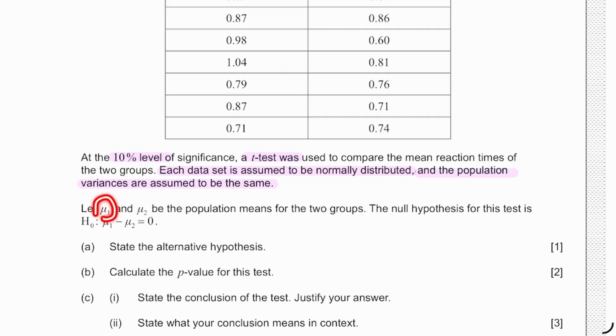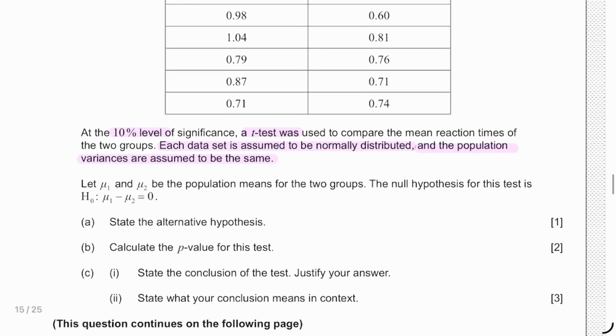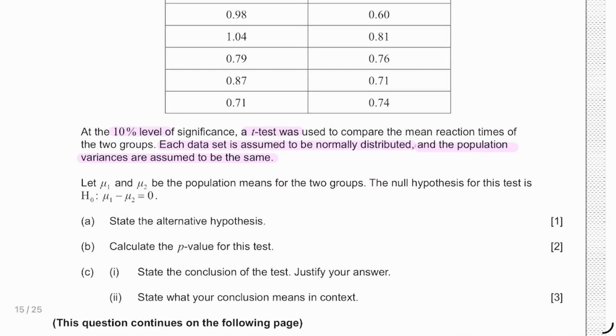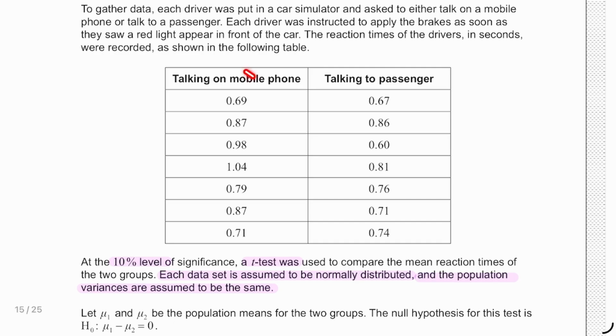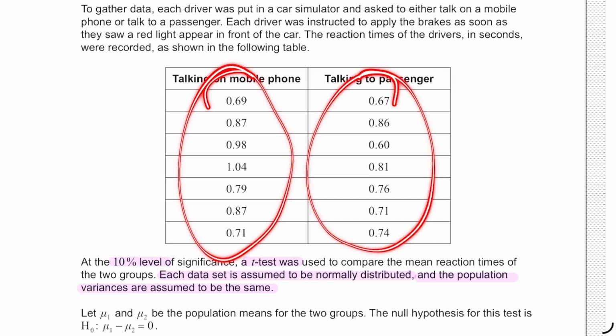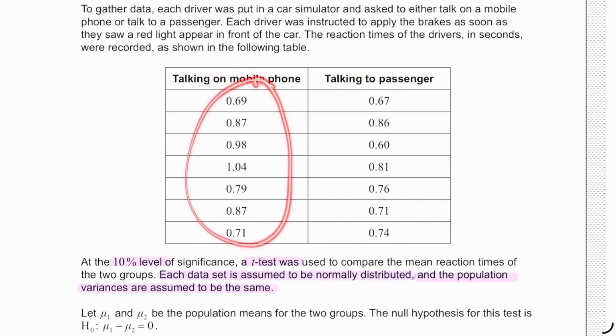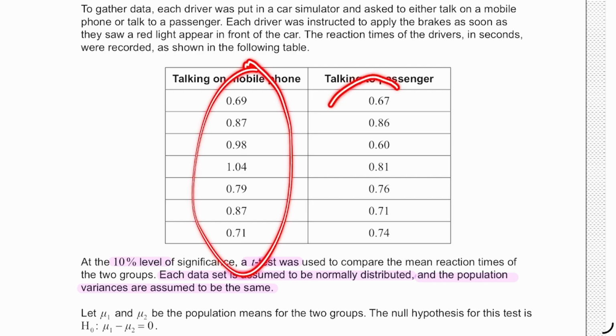So let mu1 and mu2 be the population means of the two groups. Their population means, not the sample. The null hypothesis for this data will be this minus this equals 0. Basically, when we are doing a t-test, we always assume this group is the same as this group. The population mean of this group, this sample, is the same as the population mean of this sample, right?